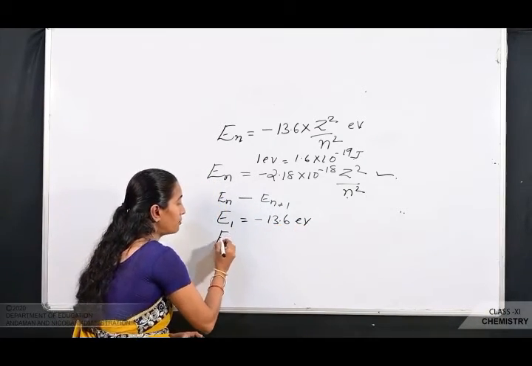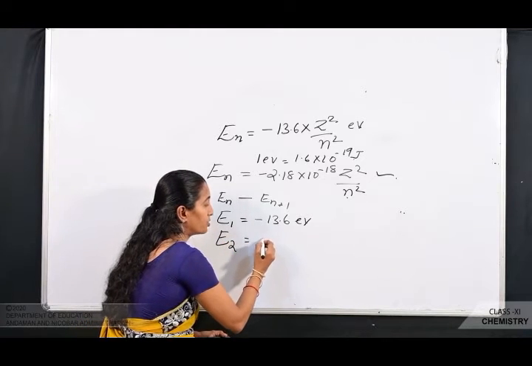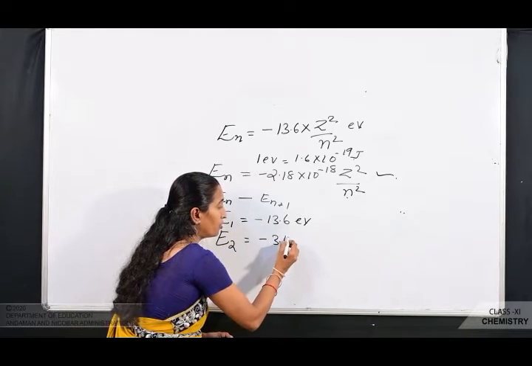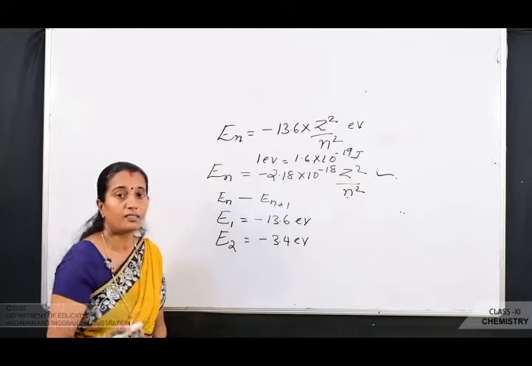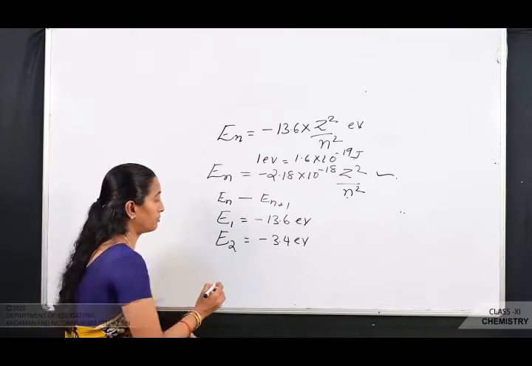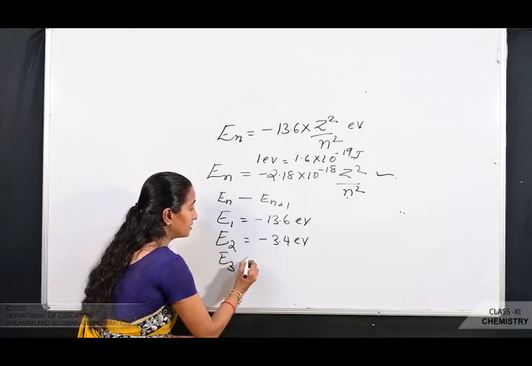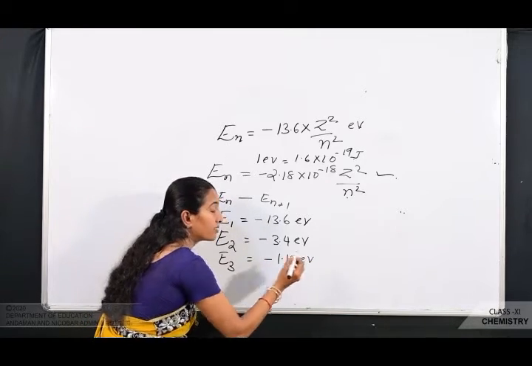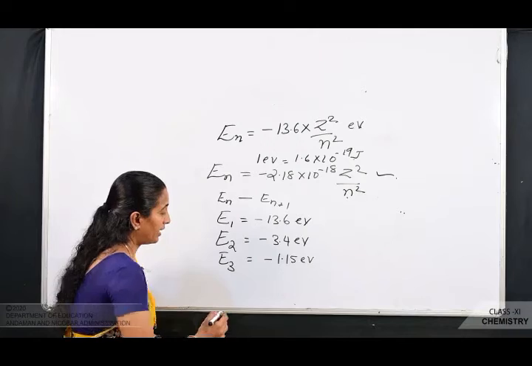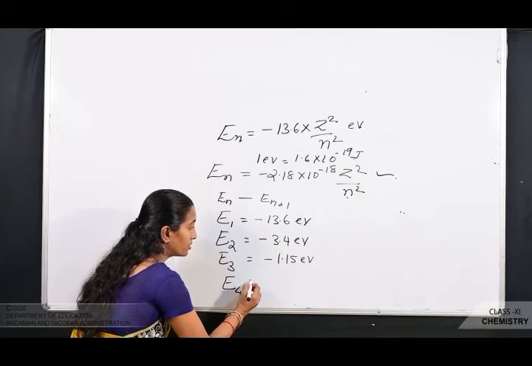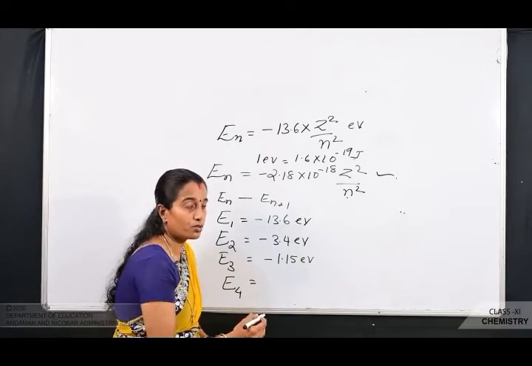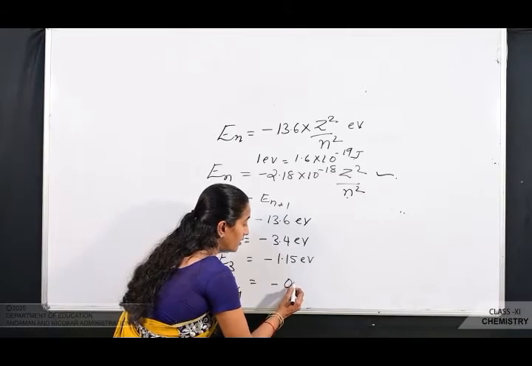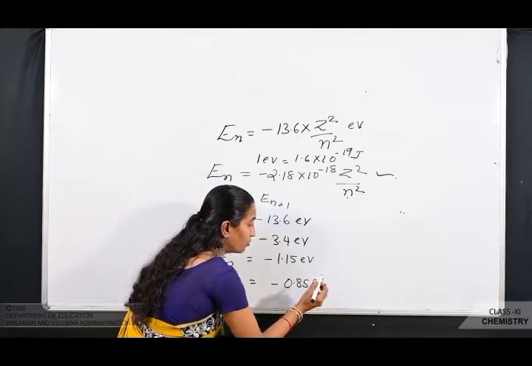E2 comes to be minus 3.4 electron volt. E3 is minus 1.51 electron volt. And E4 is minus 0.85 electron volt.